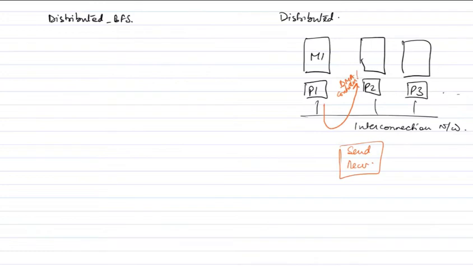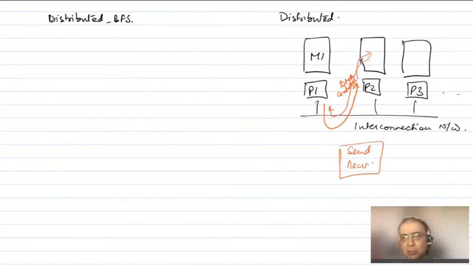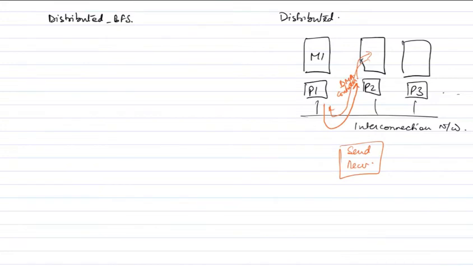This DMA controller will then fetch whatever data is required and send it back, bypassing processor 2, so that processor 2 does not need to intervene. Because when you do a send from processor 1, then processor 2 has to do a receive operation, so processor 2 is also involved in that communication. Anyways, we are going to stick to the traditional send receive calls.